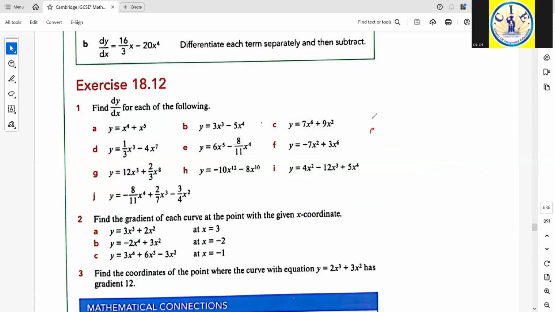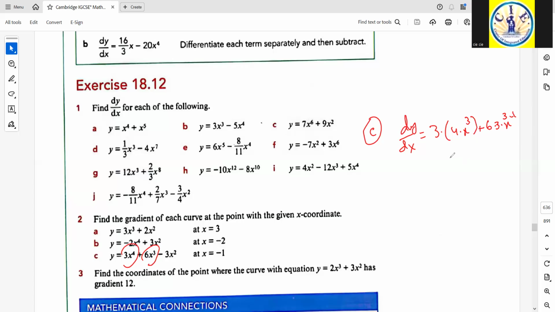Okay. Then for part C, for example, I would write dy by dx is equal to the derivative of this, 3 times 4 times x raised to the power 4 minus 1. That is 3. Then derivative of 6x cubed. So I would write plus 6, then 3x raised to the power 3 minus 1.